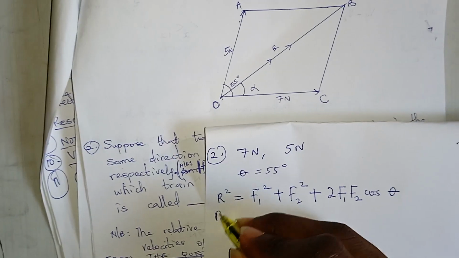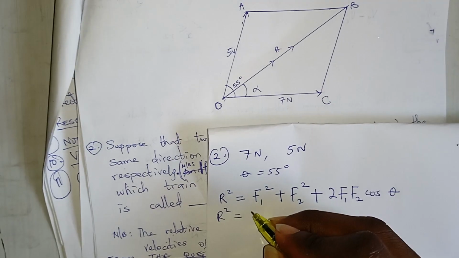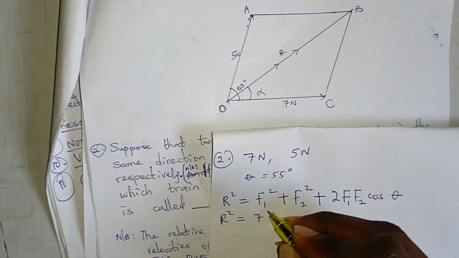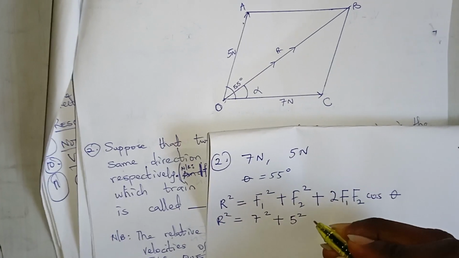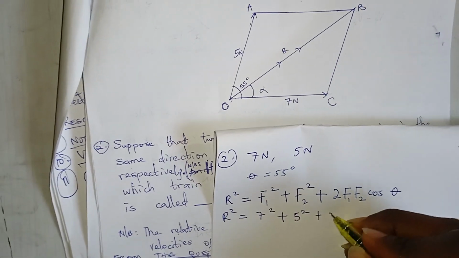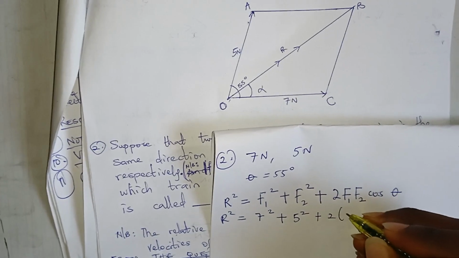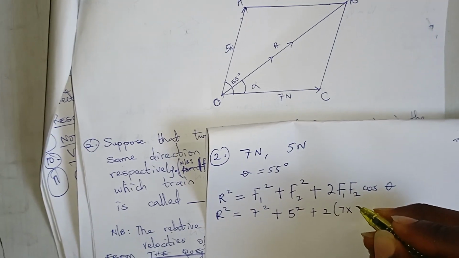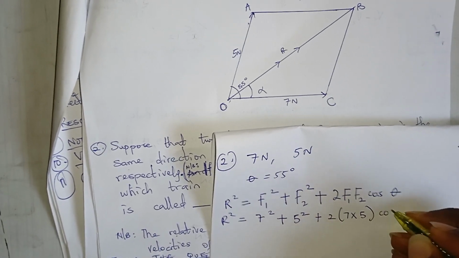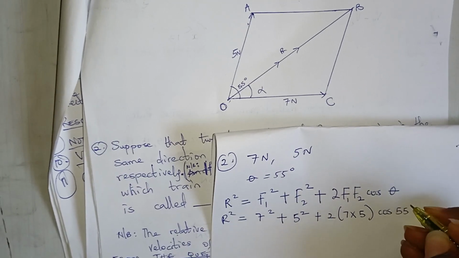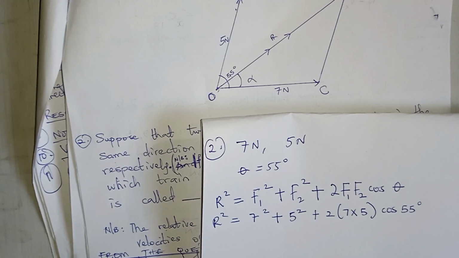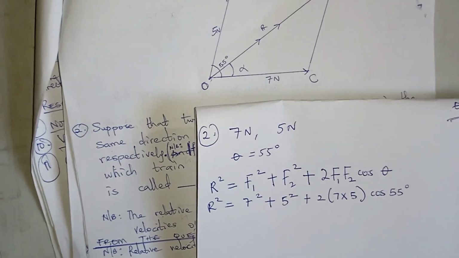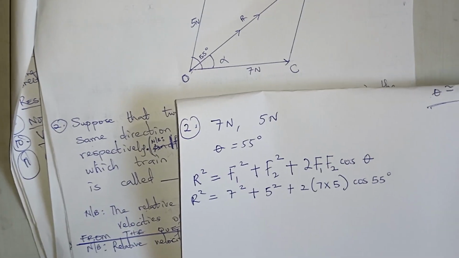So this becomes r squared is equal to the force given to me. First force is 7 square plus second force is 5 square, then 2 into 7 times 5, then cos 55 degrees. This all makes sense when you understand that the angle given is less than 90, you must make use of cosine rule.